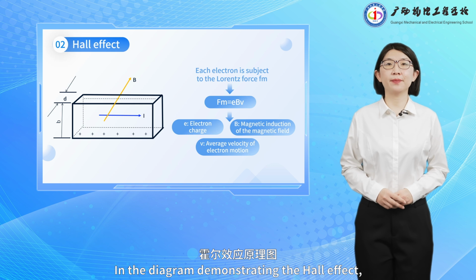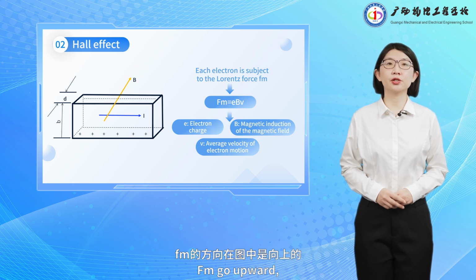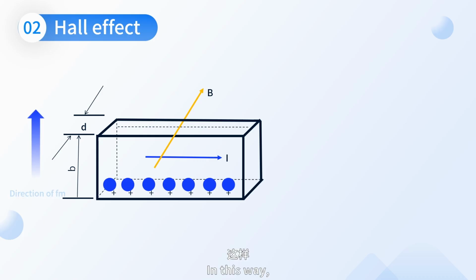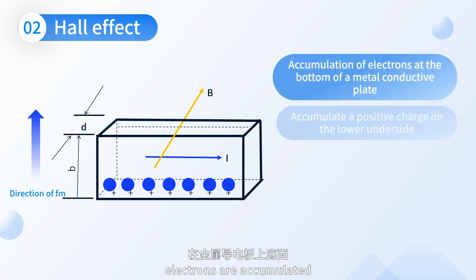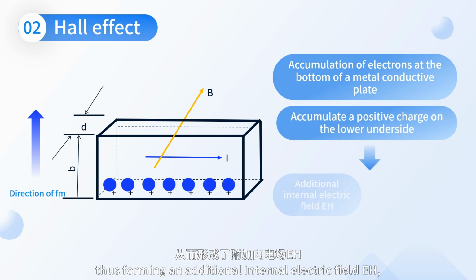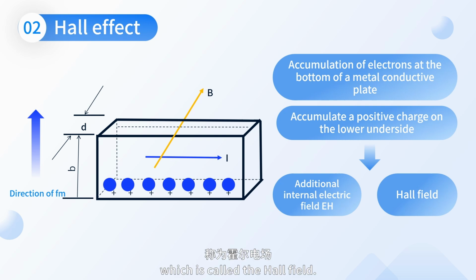In the diagram demonstrating the Hall effect, Fm goes upward, and electrons drift upwards under the effect of Fm. In this way, electrons are accumulated on the upper side of the plate and positive charges are accumulated on the bottom side, thus forming an additional internal electric field E, which is called the Hall field.